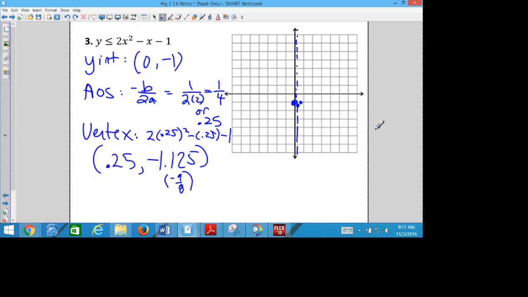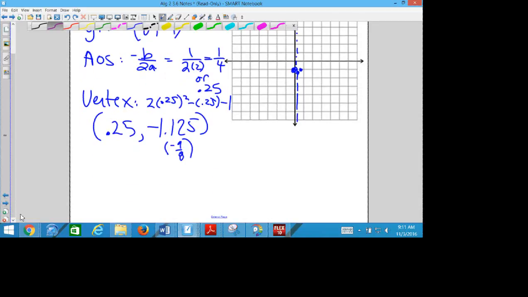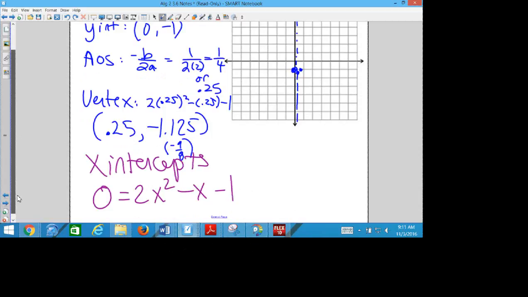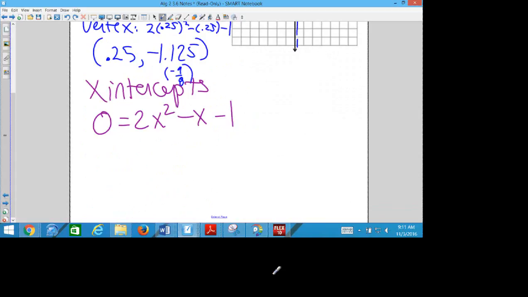Ooh, x-intercepts. Let's do that. That means make y 0 and solve it. Does this one factor? Because if it factors, that's easy. If not, quadratic formula.